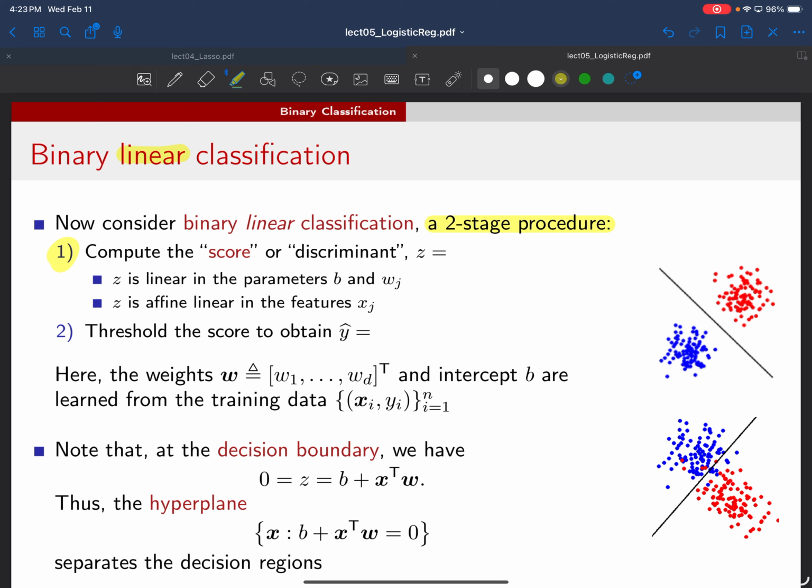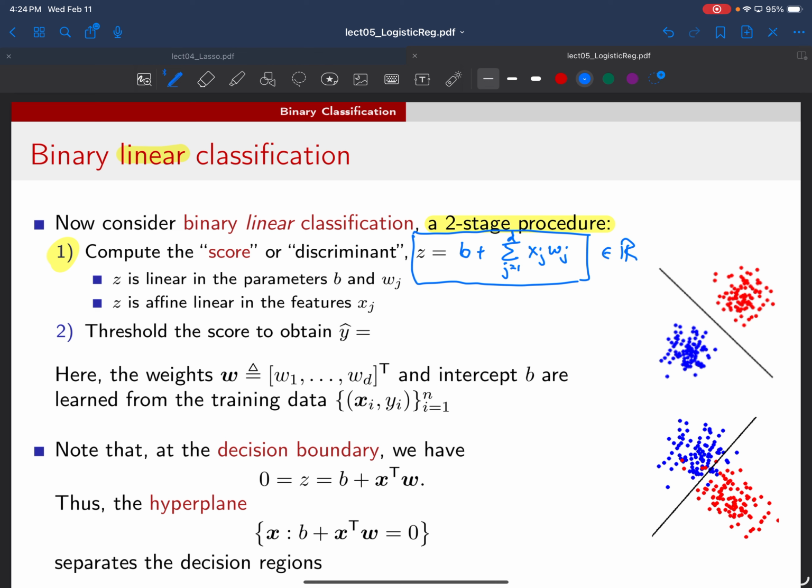We're going to write it like this: z equals b plus the sum over the feature index j from 1 to d of x_j w_j. So z is what I'll usually call the score, but sometimes people call it the discriminant. That's the first step, and this is a real number.